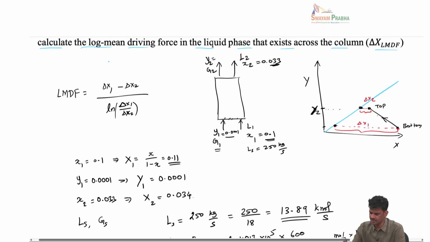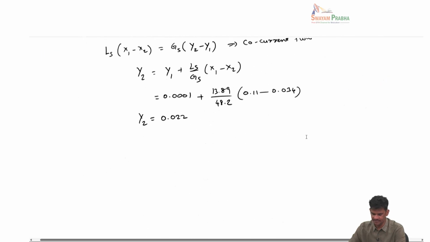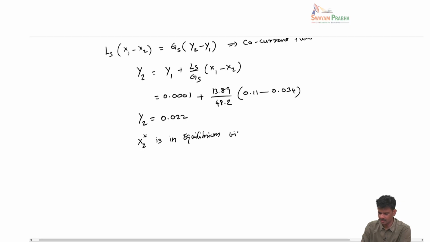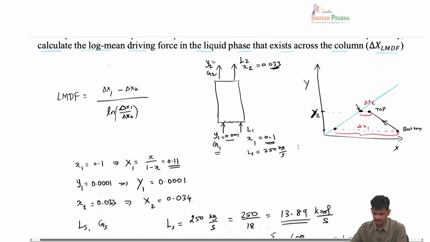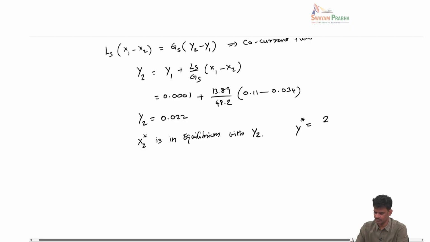So Y2 is known, and then corresponding to Y2 we can find X2 star from the equilibrium line. X2 star is in equilibrium with Y2. So we use the equilibrium line equation.